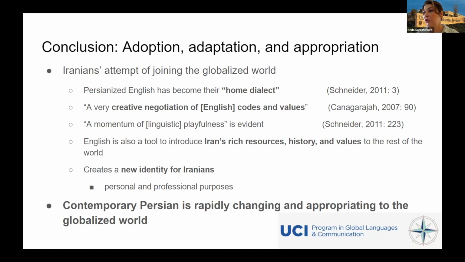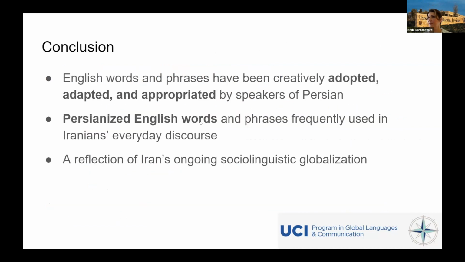English is also a tool for Iranians to introduce Iran's rich resources and values to the rest of the world. It also creates a new identity for Iranians, both personal identities and for professional purposes. So contemporary Persian is rapidly changing and appropriating to the globalized world.